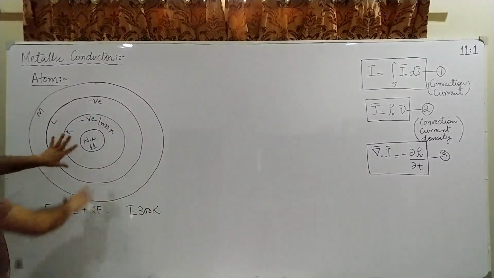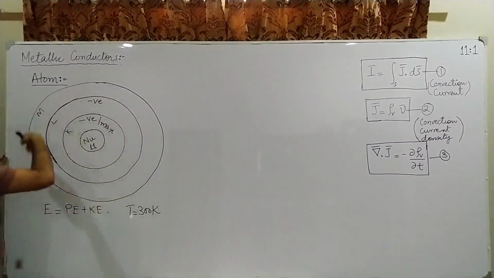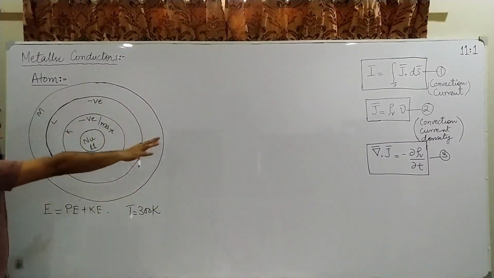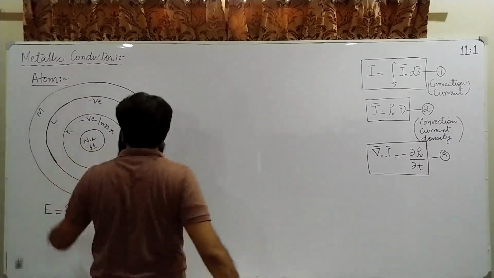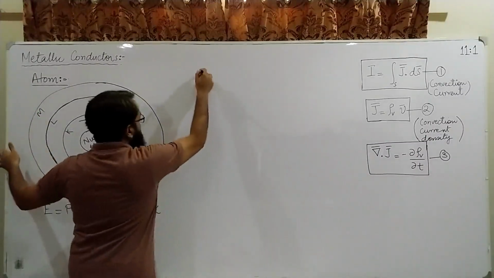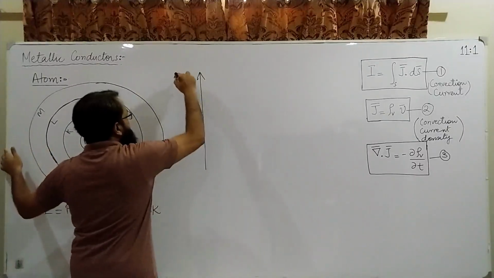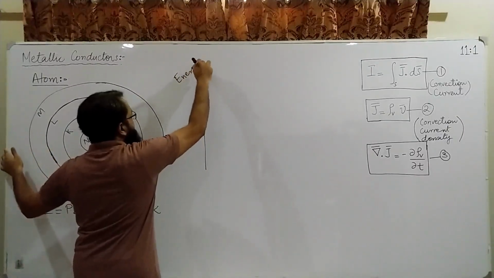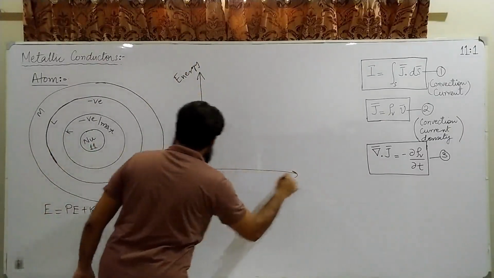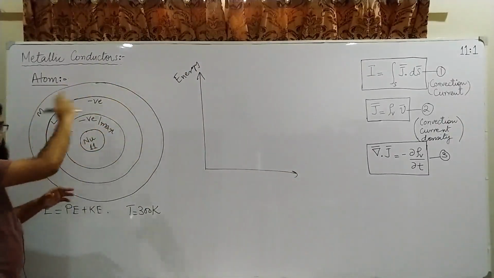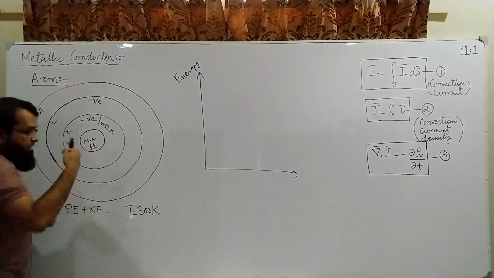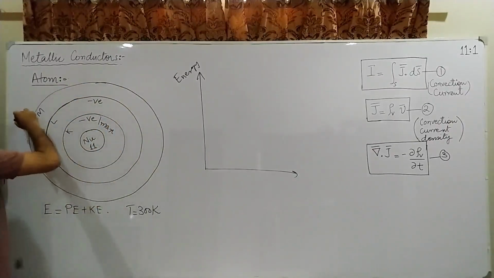We are not interested in all the energy bands as long as we are studying electrical or electronic properties of materials. Rather, we are interested in the energies of the outermost shell, or outermost band, which is known as the valence band. We all know that.